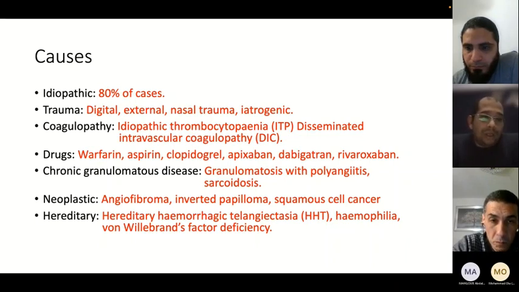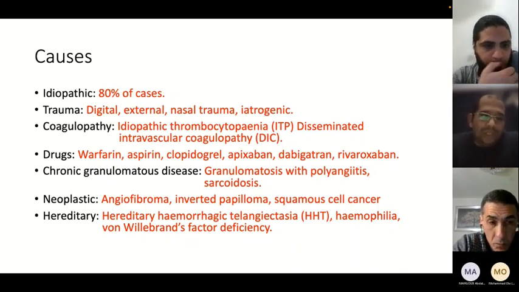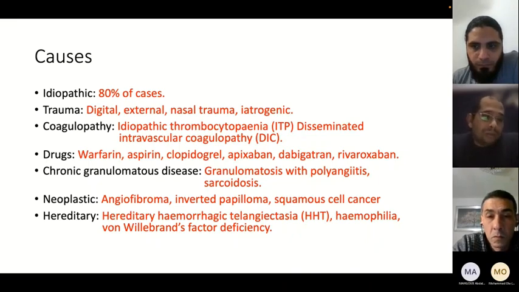Other causes are chronic granulomatous diseases, like sarcoidosis and granulomatosis with polyangiitis. There are other rare causes, including neoplastic and hereditary causes. The most common neoplastic causes are angiofibroma, inverted papilloma and squamous cell carcinoma. Hereditary causes, like hemophilia and von Willebrand disease, are also common in children.